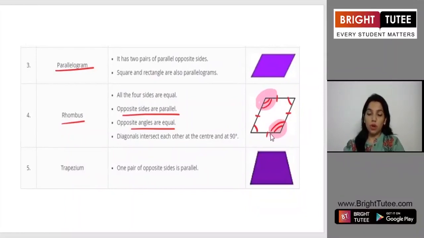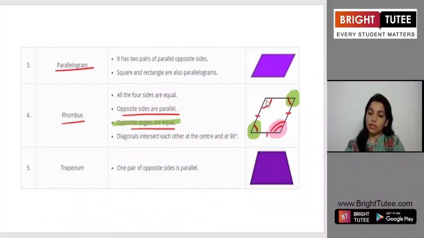This obtuse angle pair is equal to each other, and if you notice these two acute angles, they are equal to each other. So one thing that we are going to remember very clearly from rhombus is that its opposite angles are equal.